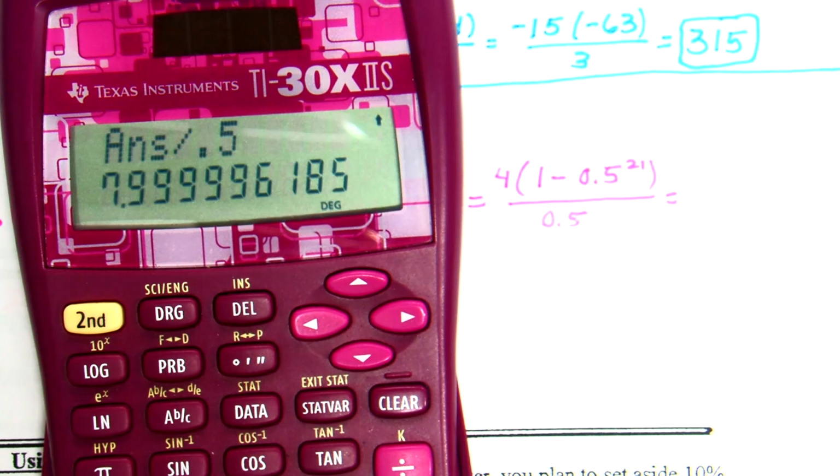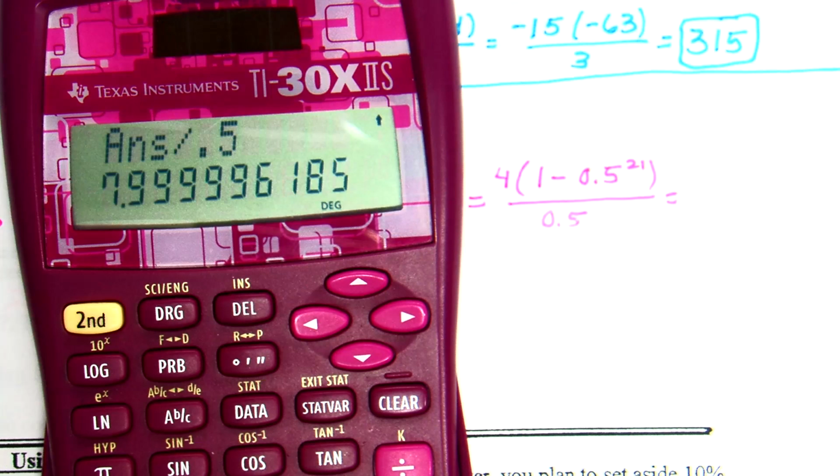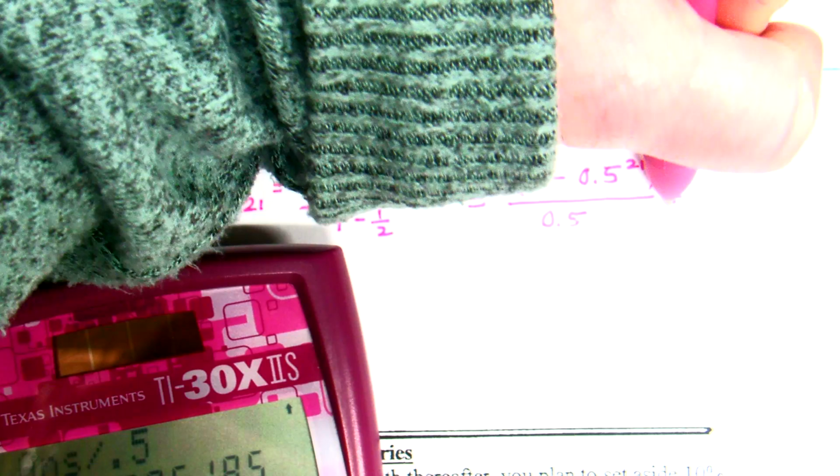Not S of 10, S of... Okay, I wasn't sure what you said there. I was like, that wasn't 21. Okay, S of 21, which is approximately what? Can we round it now? At this point, if you go 1, 2, 3, 4, 5, you're going to have to go to the 6th decimal place before you can not round all those numbers. So this is the point where we're going to round it, and we're going to say that this is approximately 8.